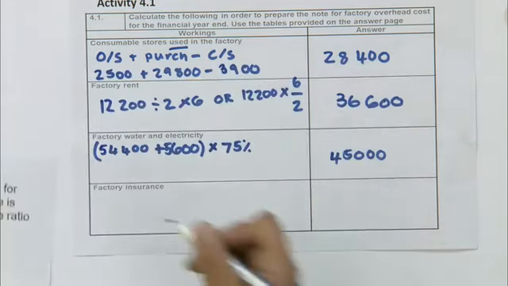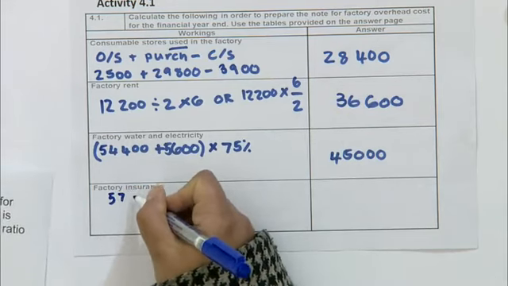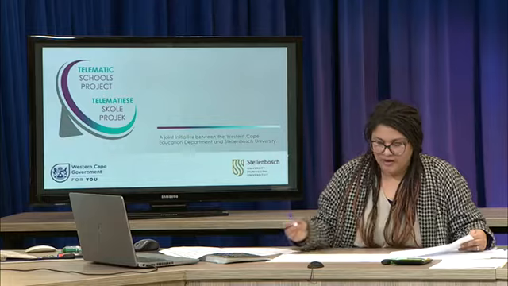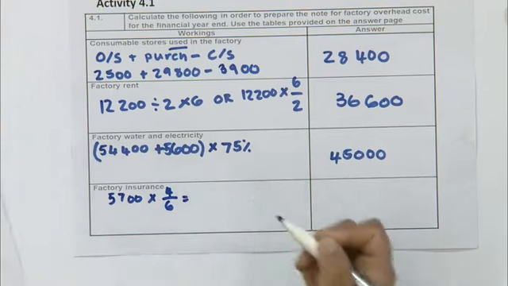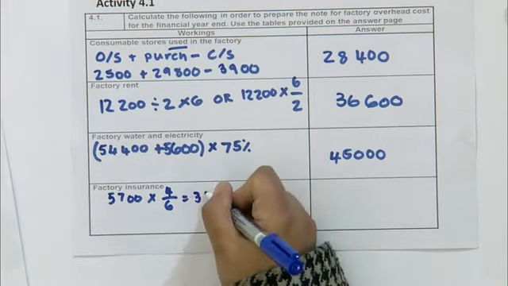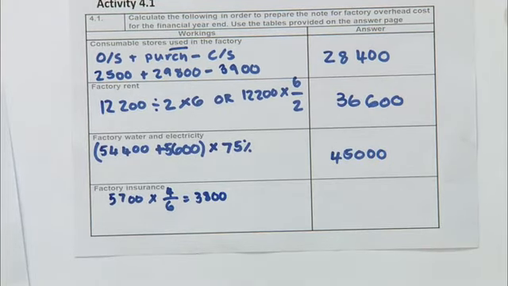Right, so what are we going to do? We're going to say 5,700 times what we want over what we have. We want the 4 months out of the 6 months that were paid. And if we say 5,700, that will give us 3,800. So it means that 3,800 must be subtracted from our total insurance amount.